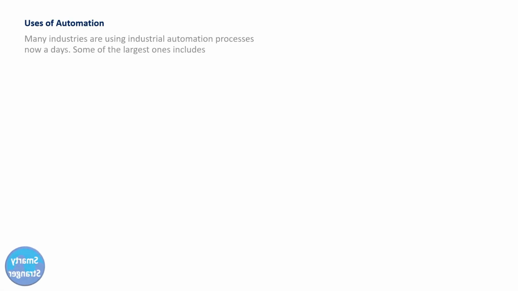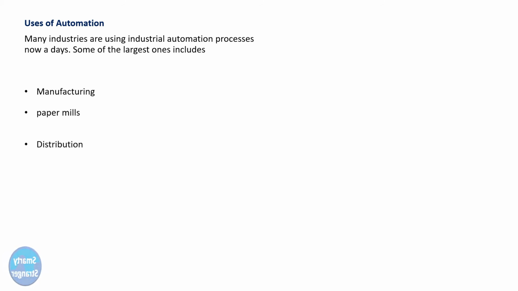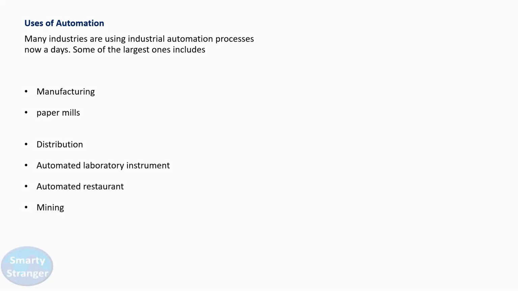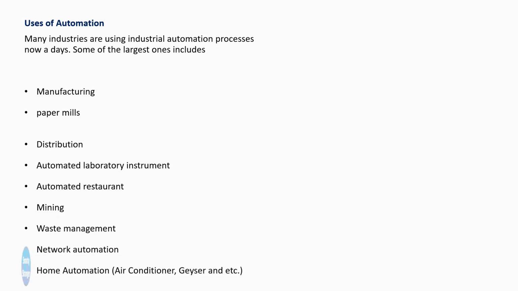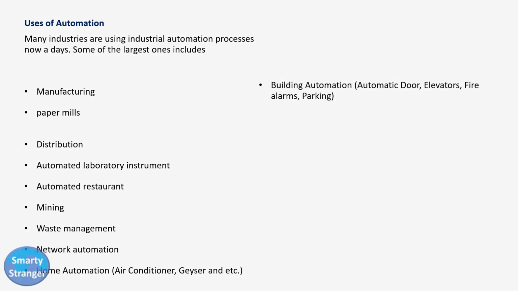Uses of automation. Many industries are using industrial automation processes nowadays. Some of the largest ones include manufacturing, paper mills, distribution, automated laboratory instruments, automated restaurants, mining, waste management, network automation, home automation, air conditioners, geysers, etc. Building automation, automatic doors, elevators, fire alarms, parking, steel mills.